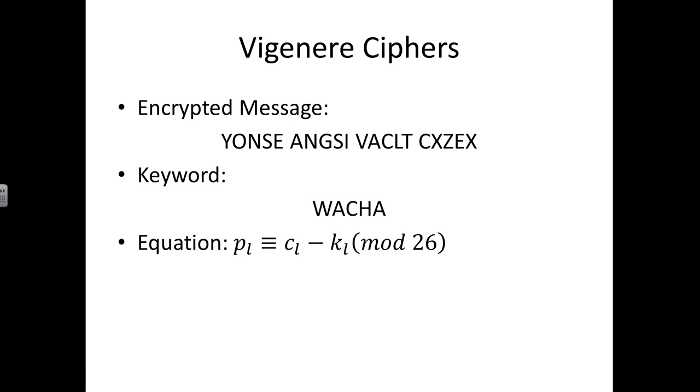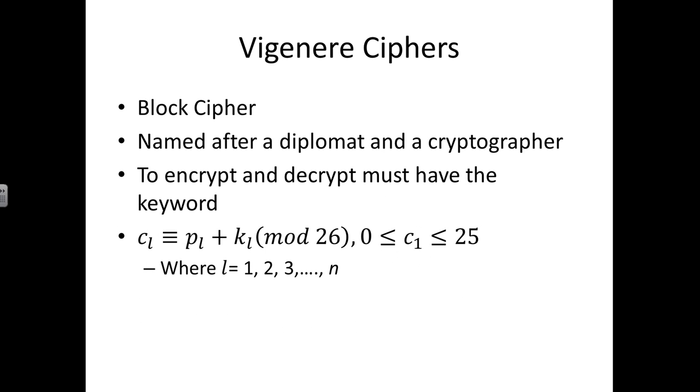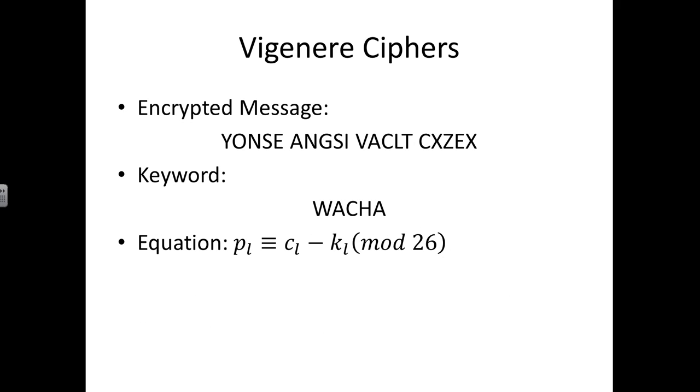So when I do that, I have my P, if I go back 2 slides, it's C sub 1 is congruent to P sub 1, so since my first letter of my name is C, it would be 2, so it would be 2 plus 22, and that would be 24, and so then it would be the 24th letter, and that would be Y, so then it would be Y like we have right here, and you keep going.